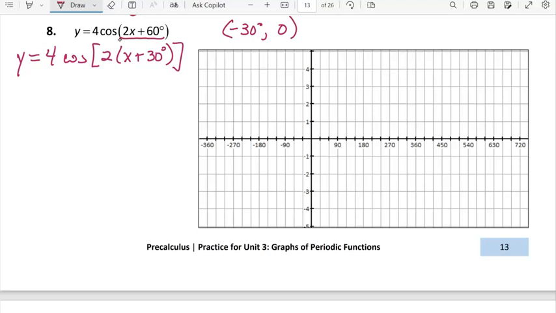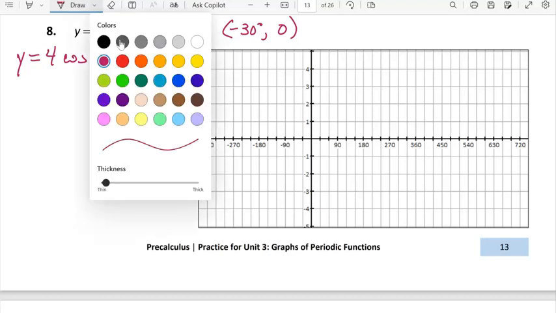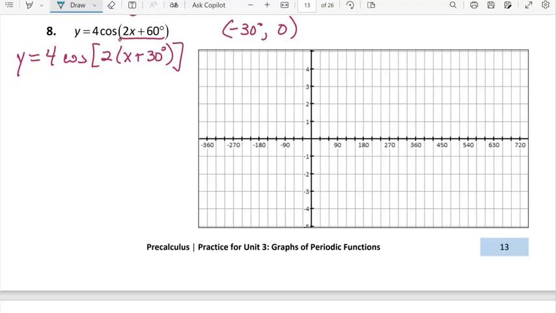So we don't see a translation outside of the cosine function or a translation up or down, so our new origin is just to the left of the old origin. So I'm going to mark that off, 30 to the left of the origin and 0 up. So there's our new x and y axes.